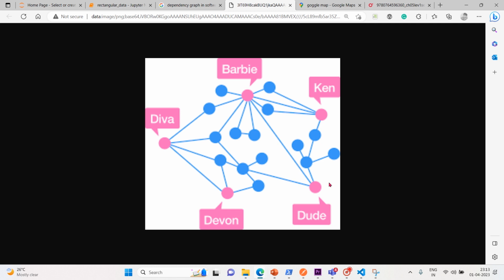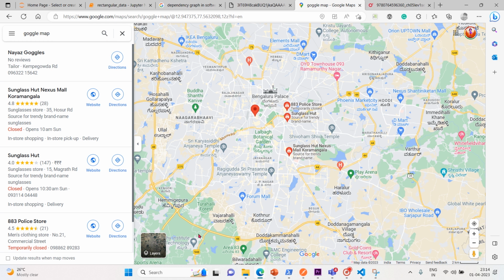There you can see the points, or you can call them nodes, and the lines, or you can call them edges, on your screen. That's one example. Then you have road networks such as Google Maps or GPS systems. Let me get into Google Maps directly. This is the Google Map location of Voyo Townhouse, Ramurthy Nagar. That's where we are.